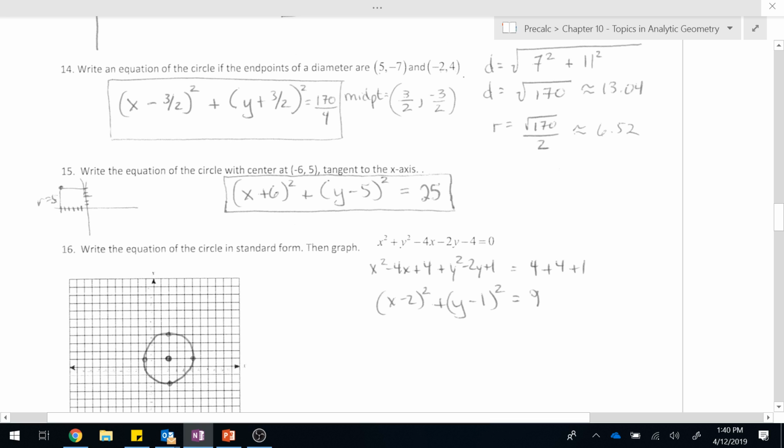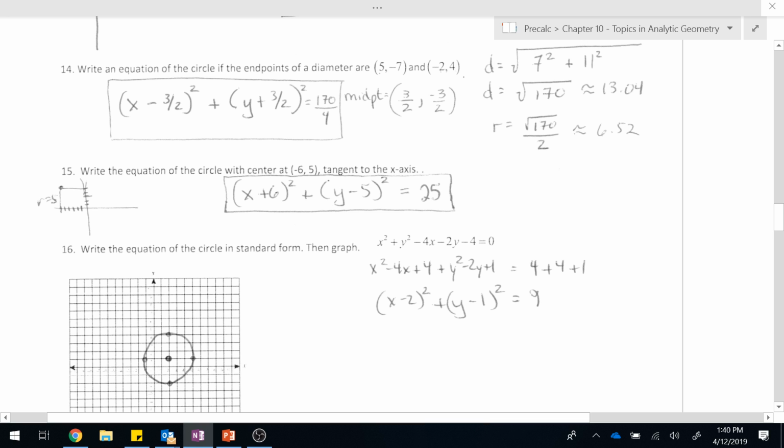So 5 minus 2 is 3, divided by 2 is 3/2. -7 plus 4 gives you -3, divided by 2 gives you -3/2. So that midpoint of your diameter is your center. Now you have your center, you have your radius, you write your equation. (x minus 3/2) squared plus (y plus 3/2) squared equals r squared, which is 170 over 4, or 85 over 2, or 42.5.